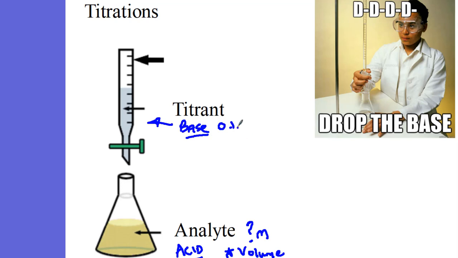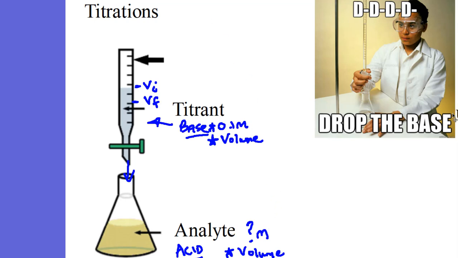Let's say it's 0.1 molar, a strong base in this case. I can know its initial volume, and I can titrate it, drip it in, and find its final volume. So I can know how much volume of that base I used. And if I know its concentration and its volume, and I know the acid's volume, I can actually know the acid's concentration.